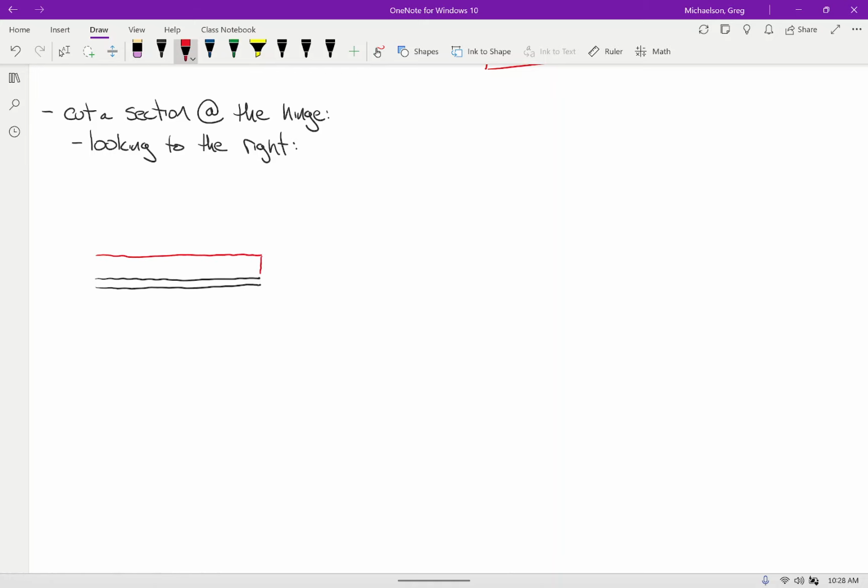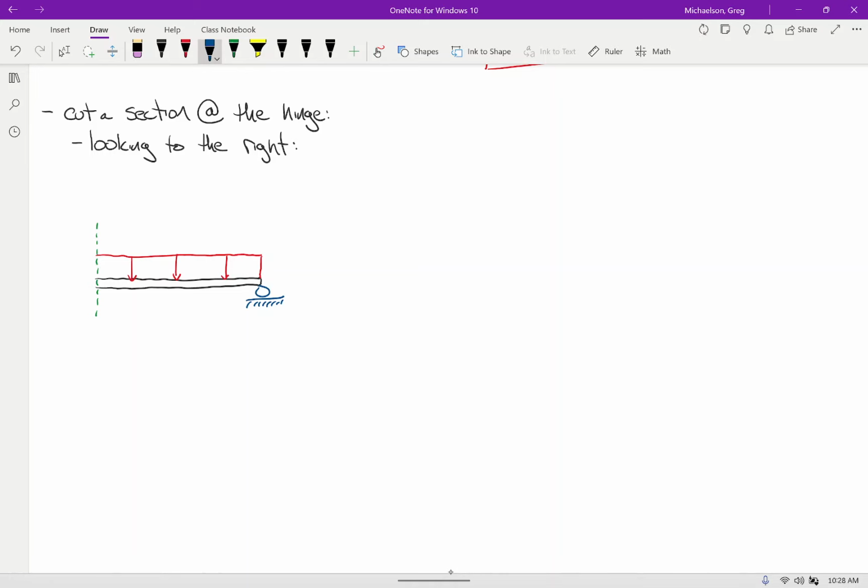I have a distributed load right here. That's where I did the cut. And I have a roller. Right? That's what I know from the right side.